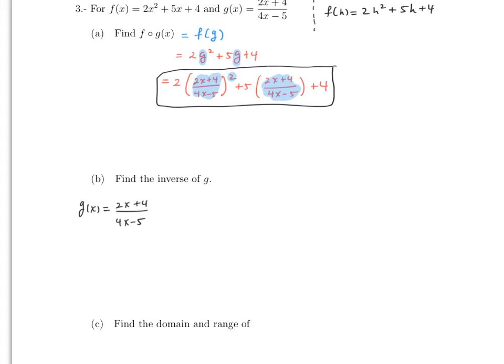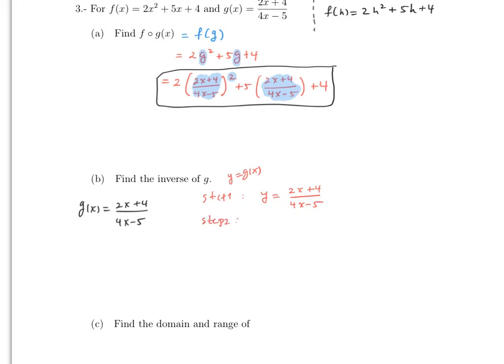You just have to be careful with the algebra. So step 1, just write it like this. y is going to be 2x plus 4 over 4x minus 5. So pretty much just replace g of x with y. Or in step 1, you can say y is equal to g of x.